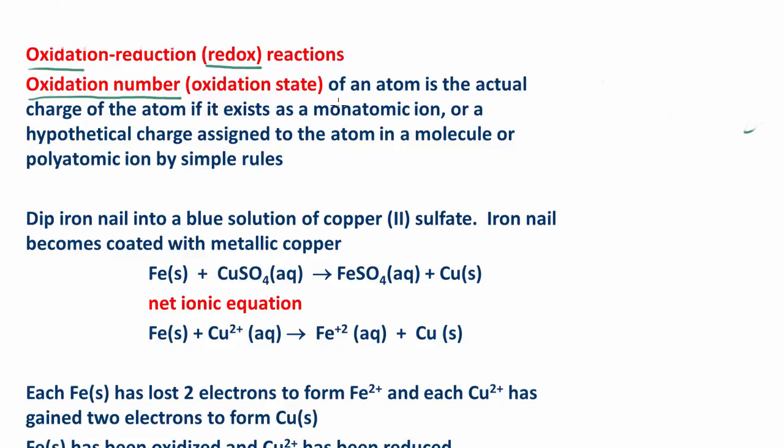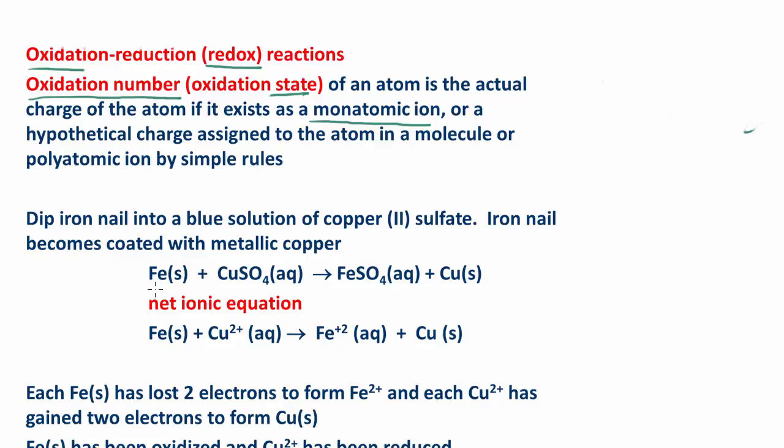The oxidation number, or oxidation state, of an atom is the actual charge of an atom if it exists as a monatomic ion, or it's a hypothetical charge assigned to an atom in a molecule or a polyatomic ion, and we just follow some simple rules in order to determine those oxidation numbers. So it's a way of electron bookkeeping.